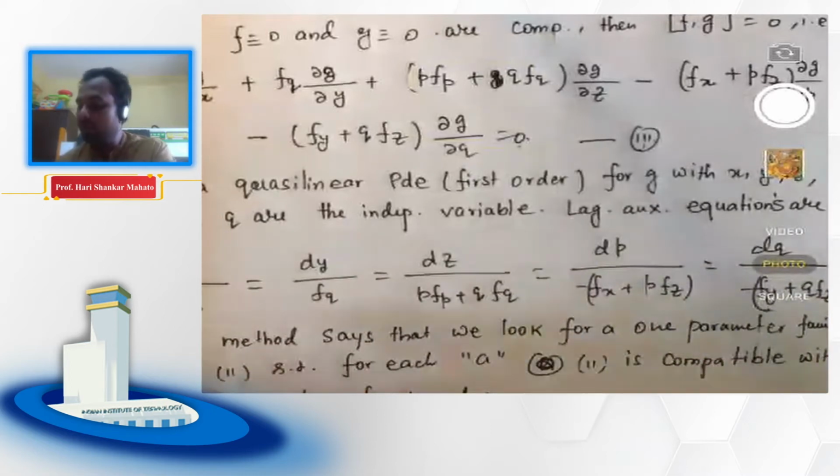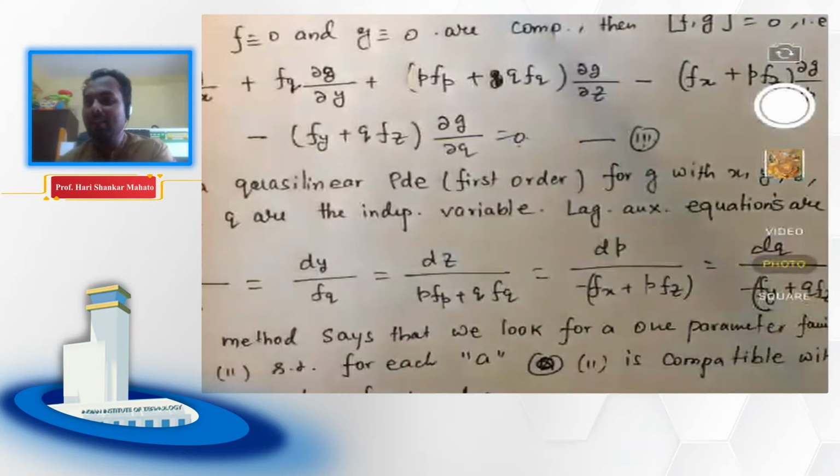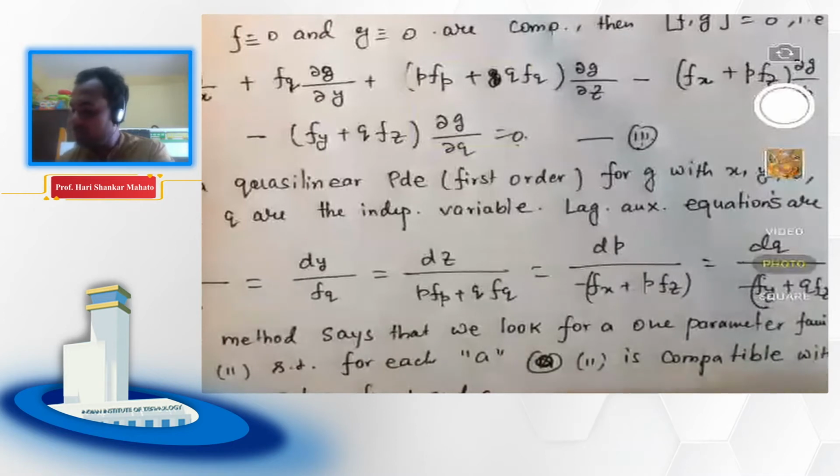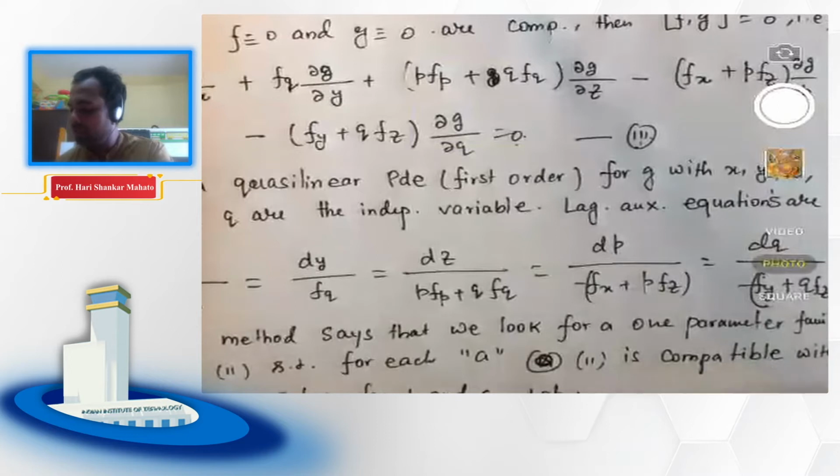Why? Because if we can solve for p and q, then that is our del z del x, del z del y, and then we can write dz equals del z del x times dx plus del z del y times dy. So let's say we got p equals phi of x, y, z comma a, because it will always involve a, and q equals psi of x, y, z comma a.